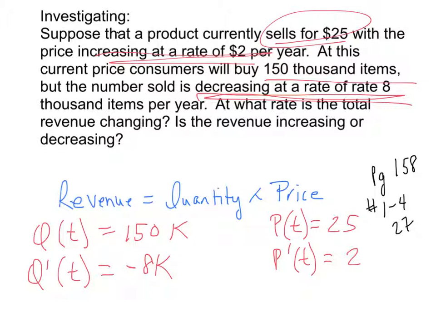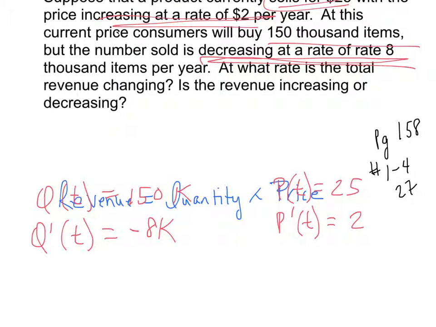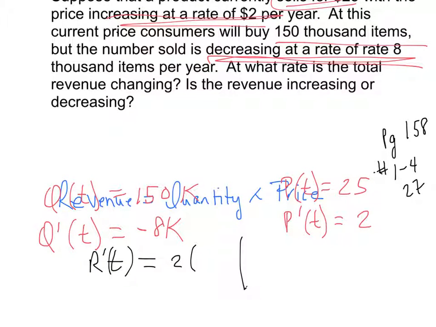So what we need to do is use the product rule. Our revenue change here is basically the derivative of P times the quantity, sorry about my work here, I just can't get it to move. So I take that times my original 150,000, and add it to my $25 times my negative 8.